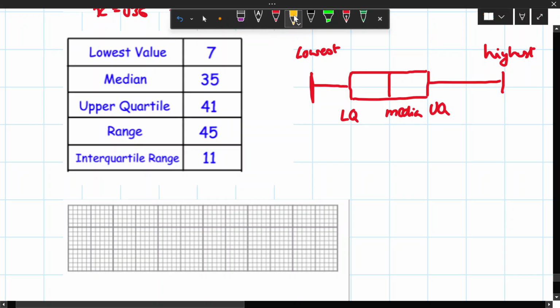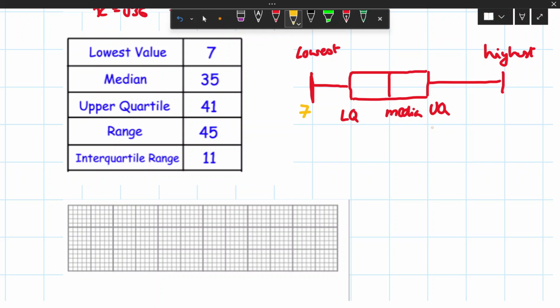So let's think, do we have all the numbers? Do I have the lowest value? Yes, I have 7. I have the median, that is 35. Then I've got the upper quartile, which is 41. The next thing that I have is the range, and it says the range is 45.